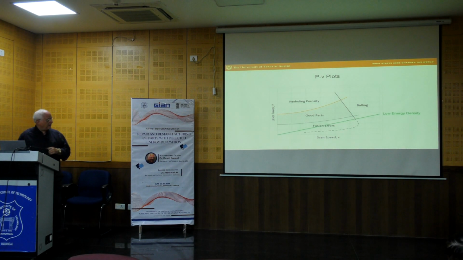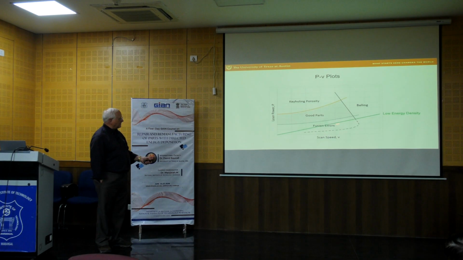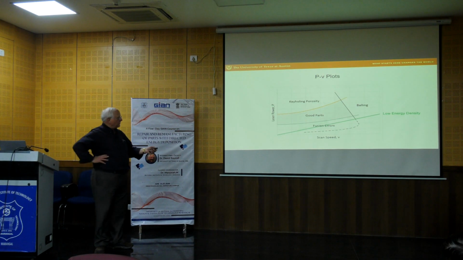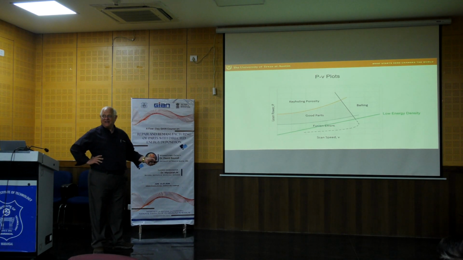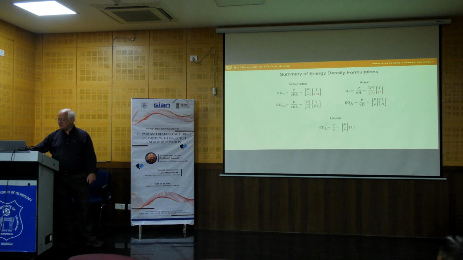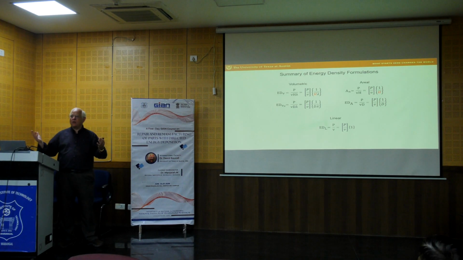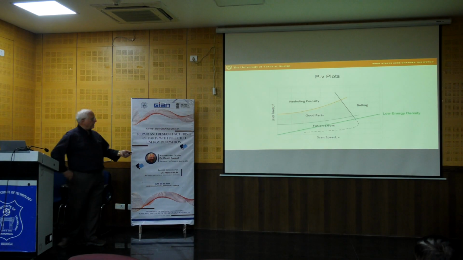Okay, so for example, there's some other things we can do. If I construct a line here like this, it's basically a line of constant energy density. Because remember, the slope of a line coming from the origin outward is going to be P over V, right? And all of these forms for the energy density are related to P over V. So down here this would be, for example, a low energy density.